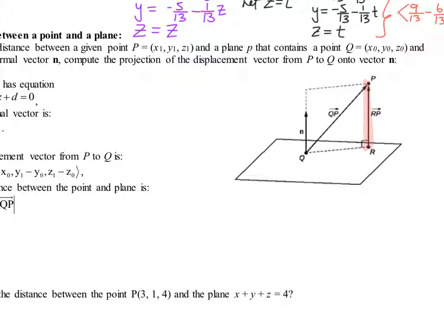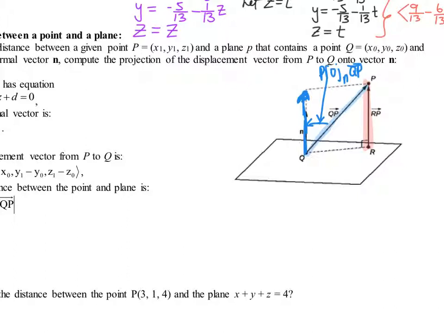The idea is that if I can take this line, which would be a particular vector, and project it onto vector n, which is that normal vector, this would be the projection upon n of QP.